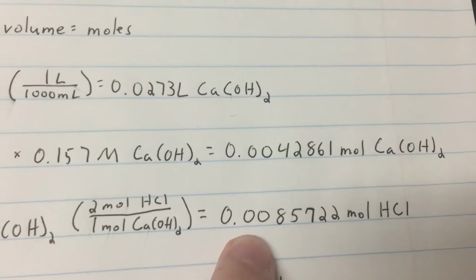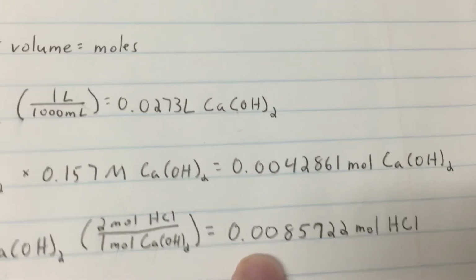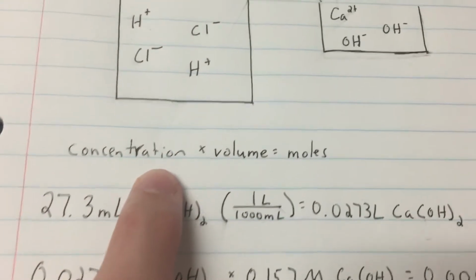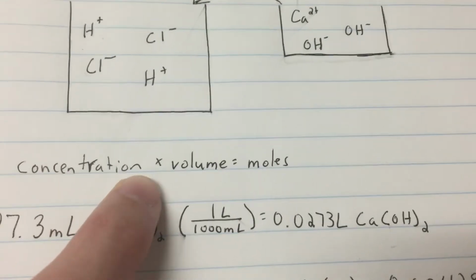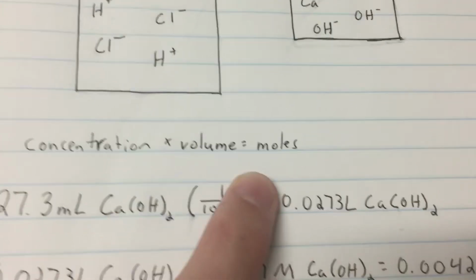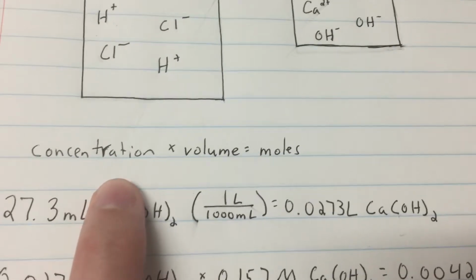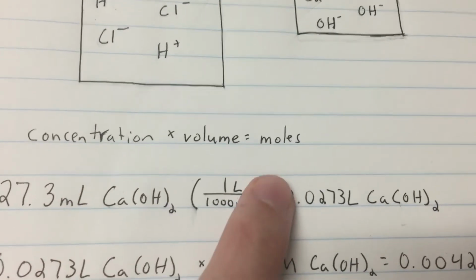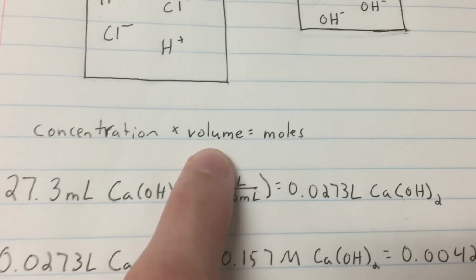Now with this given amount, we can look back at the equation we would like to use, concentration times volume equals moles, and we now know, looking for concentration, we must take the moles and divide that by the volume.